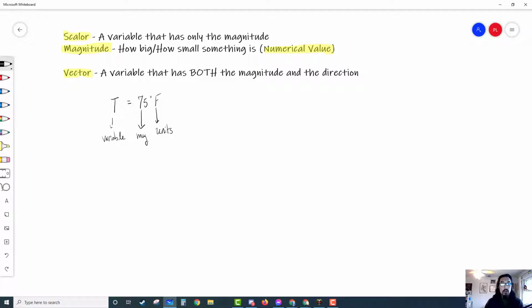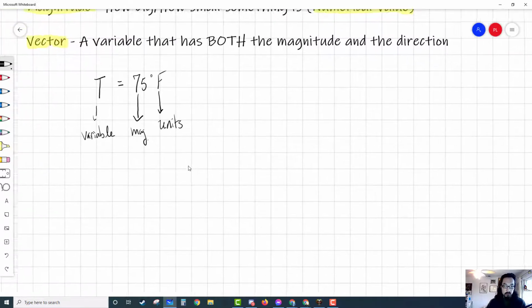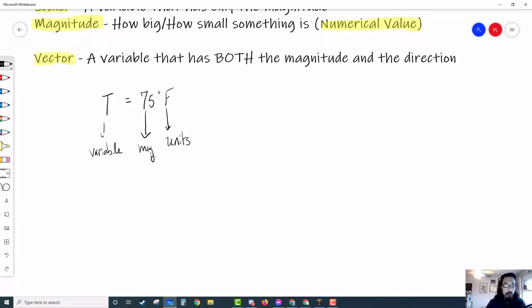Now, before we continue, we need to make a very big, clear distinction. Oftentimes when I ask for a variable, students give me the units and vice versa. A variable, and commit this to memory, a variable goes into equations. Okay, a variable goes into equations, and it is usually one letter.